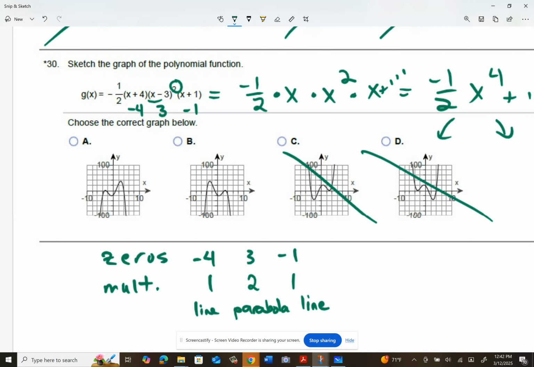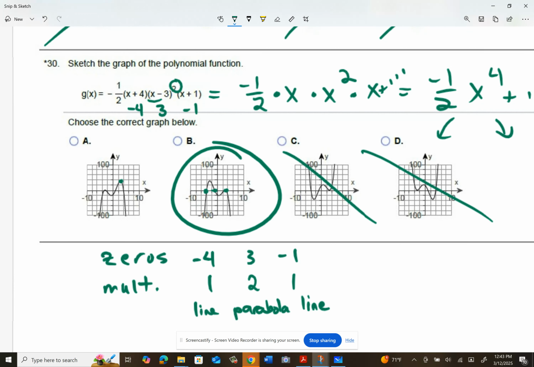Since it has the x-axis from -10 to 10, that means each tick mark is 2 units. So this looks like a 3 right here that's bouncing, where over here the 3 is way up there. That can't be it. So it's a +3 bouncing, and then here's the -1. It's going through smoothly. Here's the -4 going through smoothly like a line. So it should be this one.